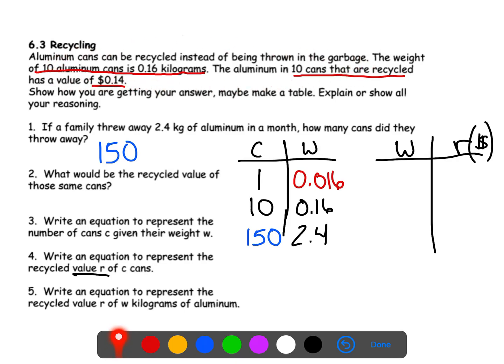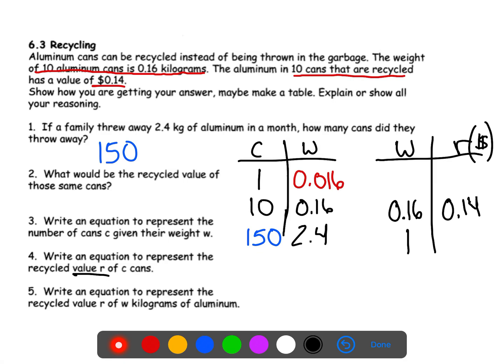If our weight is 16/100ths kilograms and that's valued at 14 cents, let's add that into our table. By dividing 14/100ths, 14 cents, by 16/100ths, we will find what 1 kilogram has a value of.